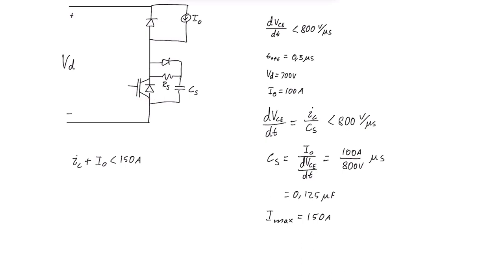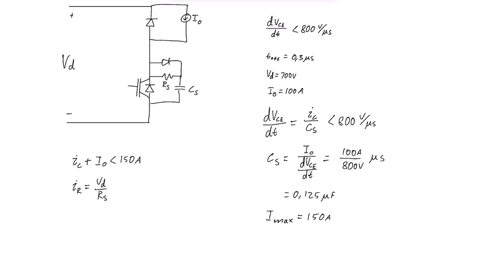That means that the voltage over the resistance here would be equal to VD, which means that the current flowing through the resistor, IR, would be VD divided by RS, right?